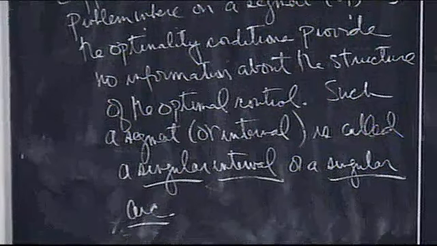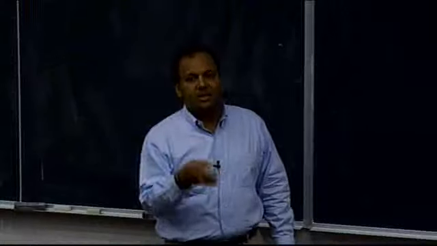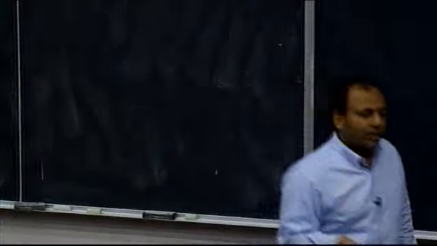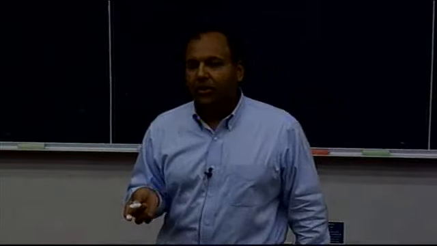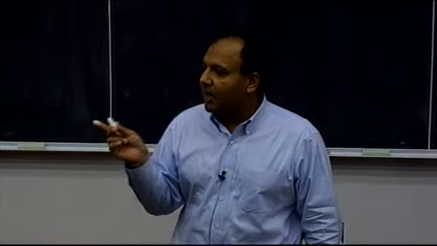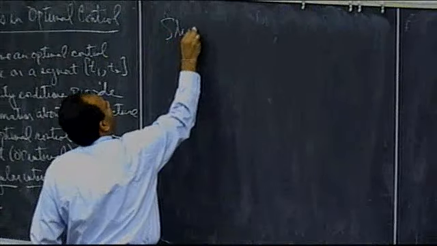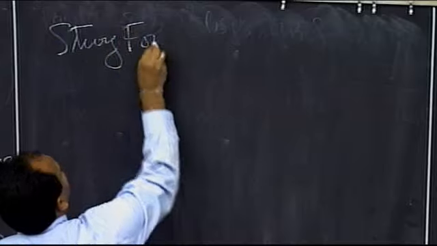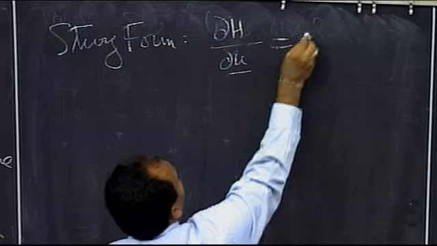So now the problem with these is that so many optimal control problems have the possibility that the solution lies on a singular arc. Many of these are problems where you have to apply the weak form of the optimality condition. So if you remember that the strong form of the optimal control condition, or the strong form of Pontryagin's minimum principle, is that the partial of h with respect to u is equal to 0.